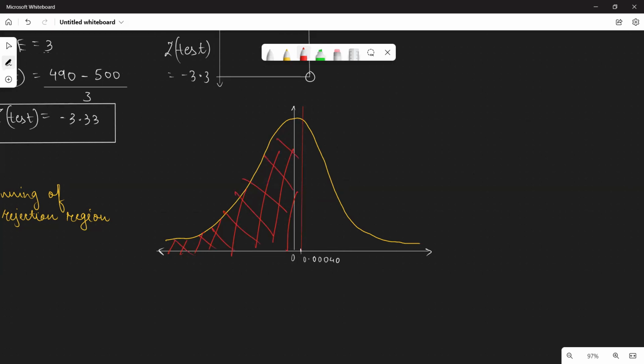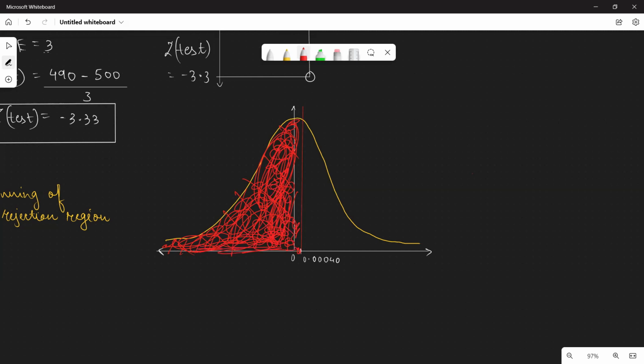If the value you have calculated lies in this complete region, then you are going to reject the claim of the printing company. So this entire part of the graph which you can see is your rejection region.